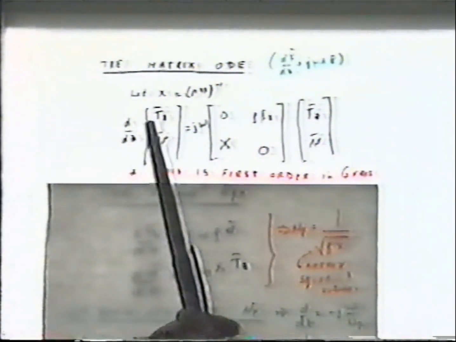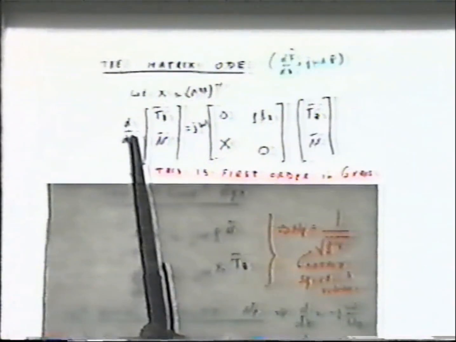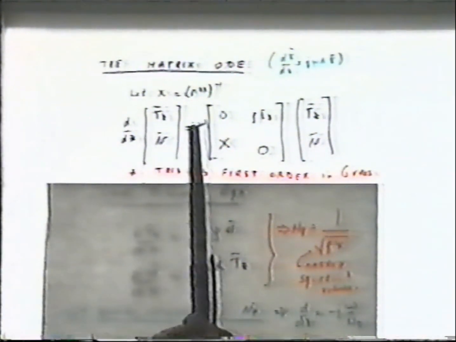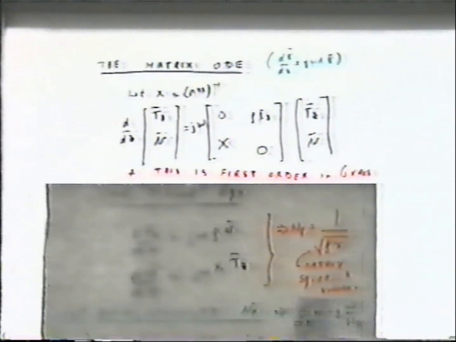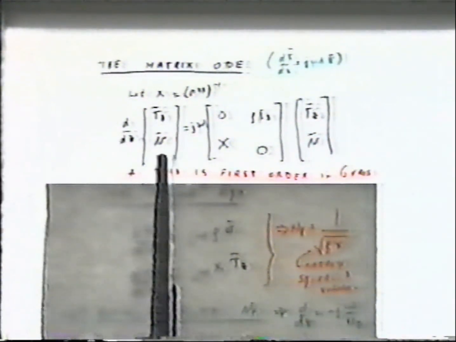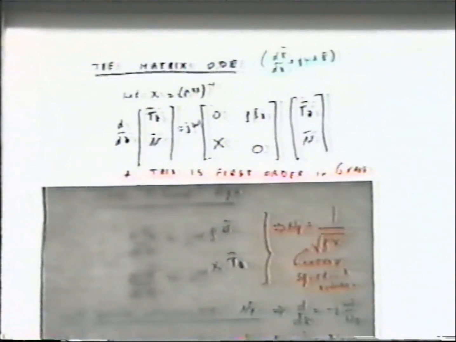So that first row of dT/dz equals j omega rho v is in there, and the other equation d/dz of v equals j omega inverse gamma 3,3 times T plus nothing times v.